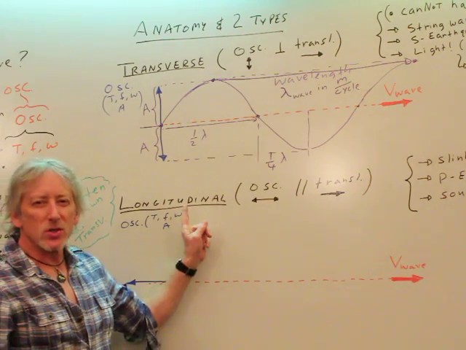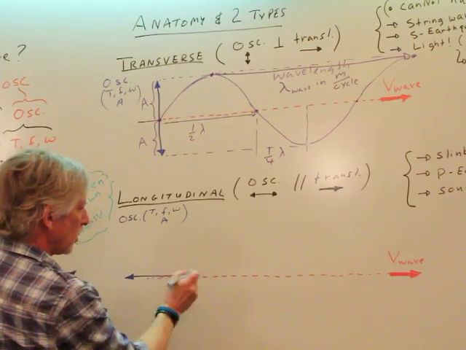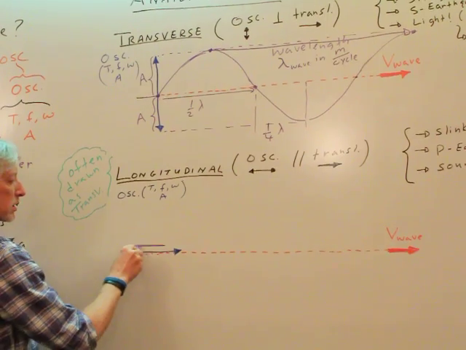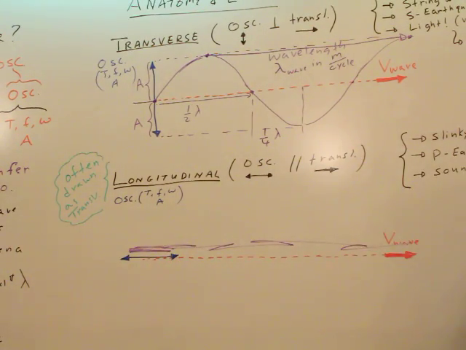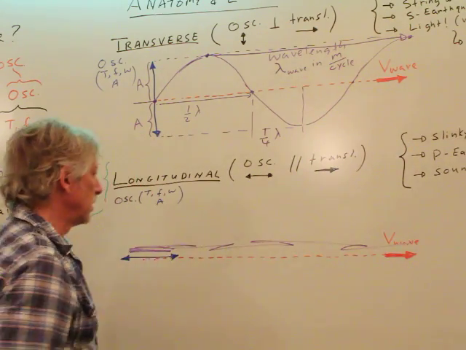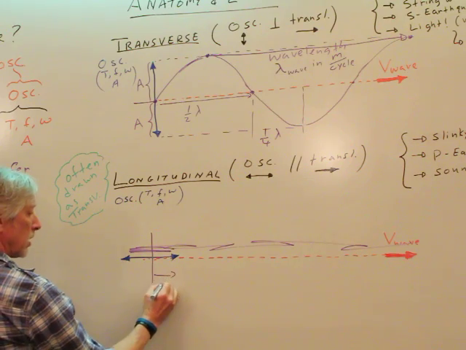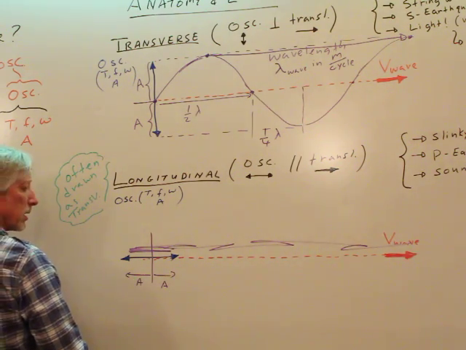But when we get to longitudinal waves, we've got an oscillation that's along the line of our travel. And so good luck drawing that. Let's try it. Oscillation. It's a mess. Where's the amplitude? Well, on this picture I can say, okay, here's an amplitude here, and here's an amplitude there, my oscillation.